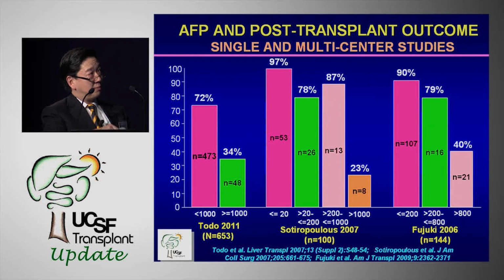Whereas in single and multi-center studies, a higher cutoff AFP of 800 to 1,000 seems to be more predictive of prognosis following liver transplantation. So one of the key questions I'd like to ask is, if you want to achieve really good survival, you can use an AFP cutoff of 100, and you'll end up excluding half the patients on the waiting list. So the key question is how many patients you need to exclude to prevent one recurrence.